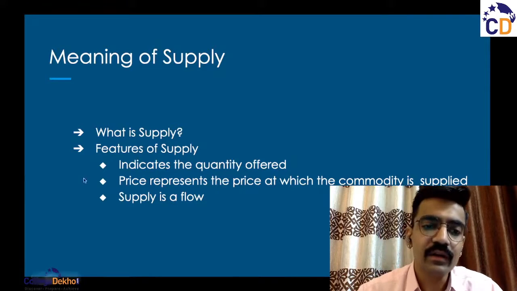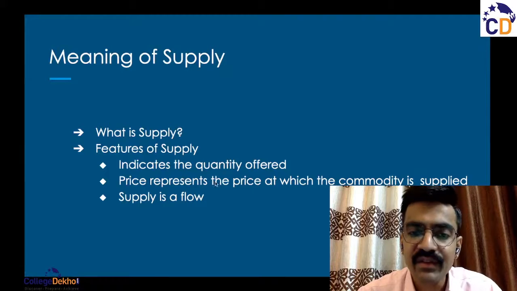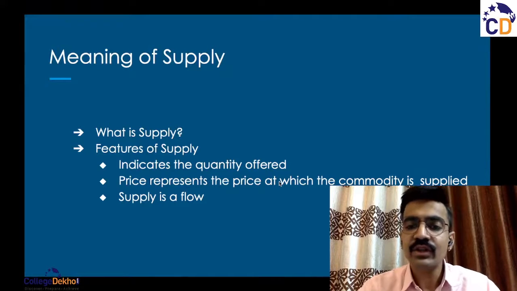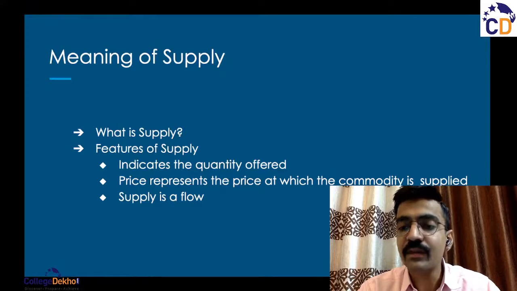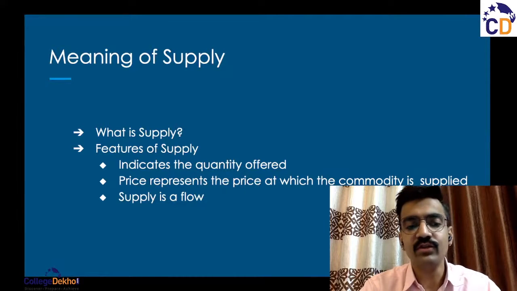So the price in supply represents the price at which the commodity is supplied by the producers to the consumers.